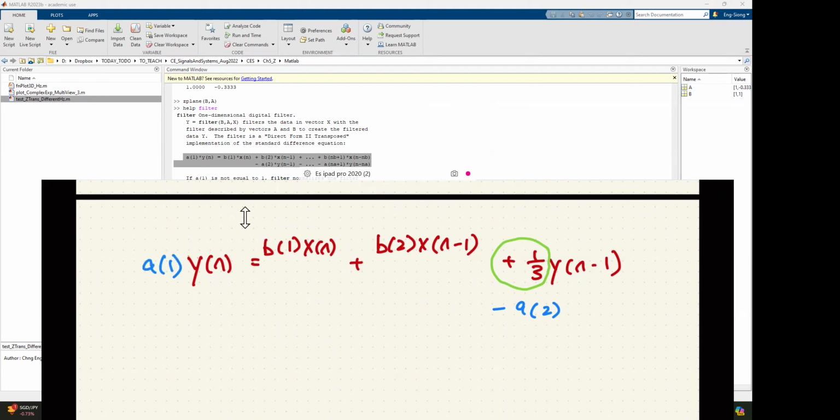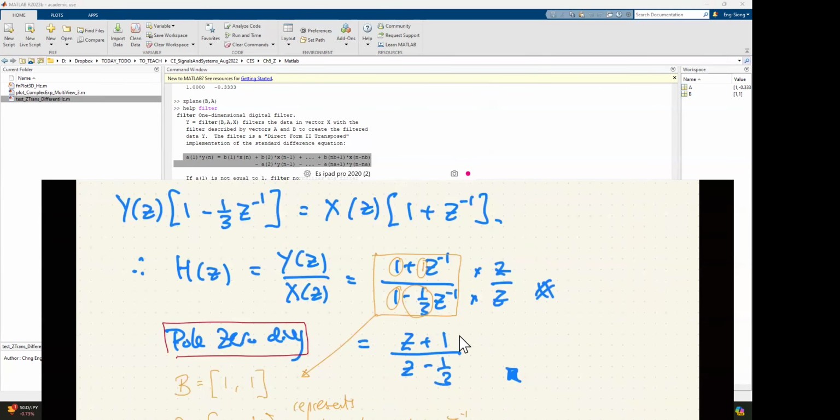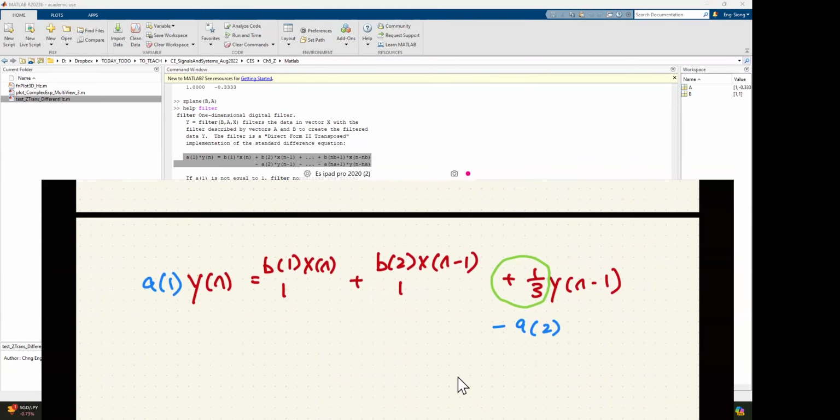Let's write some numbers. B1 is 1, B2 is 1. A2, I'm always confused here. Is A2 minus 1/3 or A2 plus 1/3? So let's go back up again. So you realize A2 is minus 1/3. So that's B and A again.